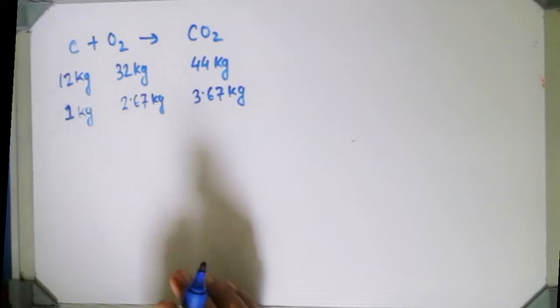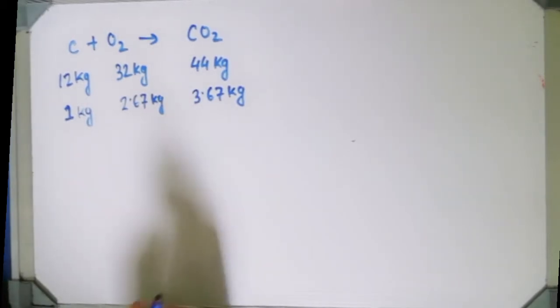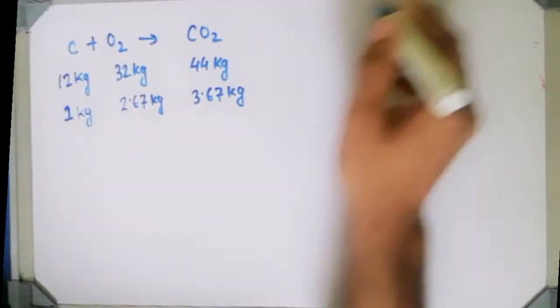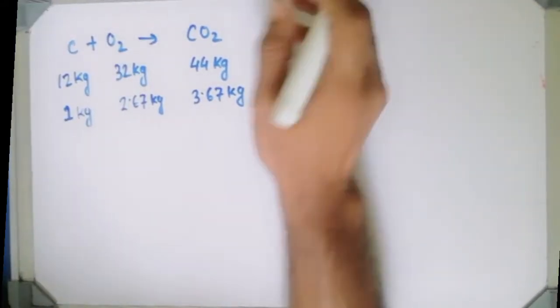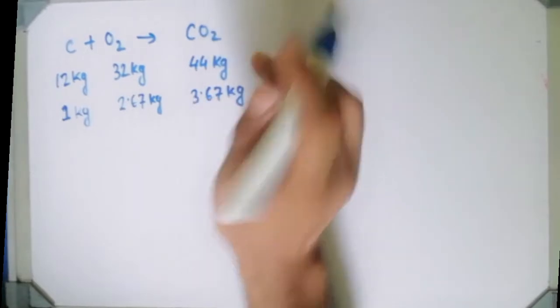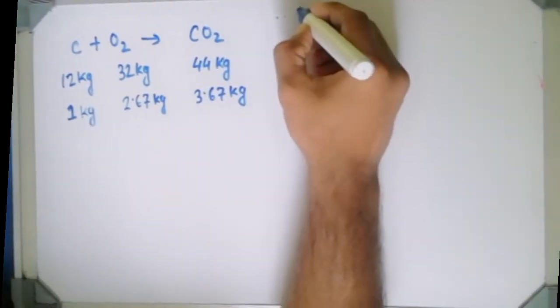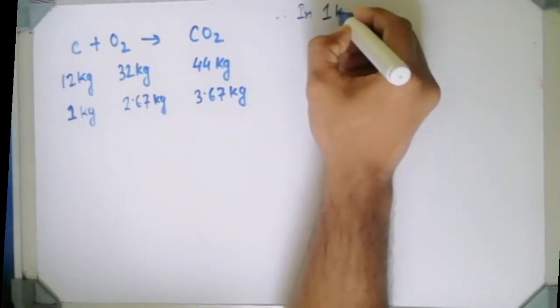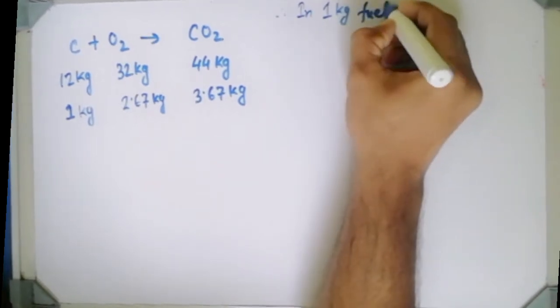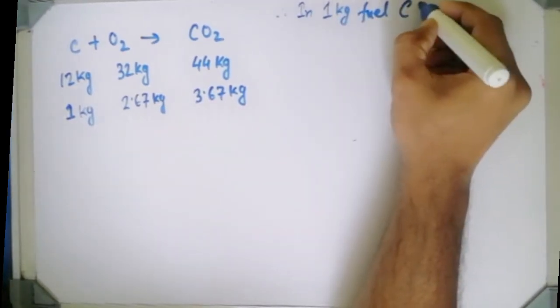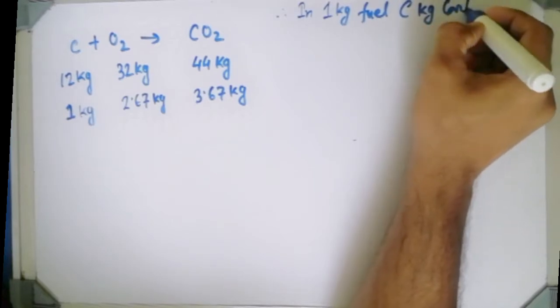Now just consider that in 1 kg of fuel there is C kg of carbon. Why are you considering C? Because I have to develop a general expression. Okay, considering that in 1 kg of fuel, C kg carbon is there.